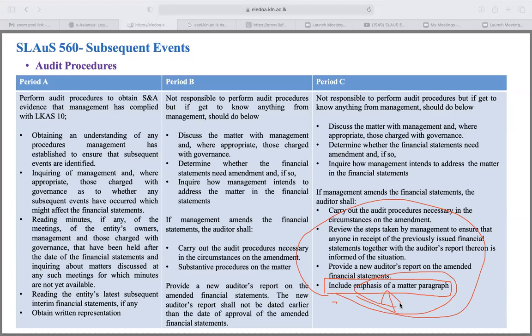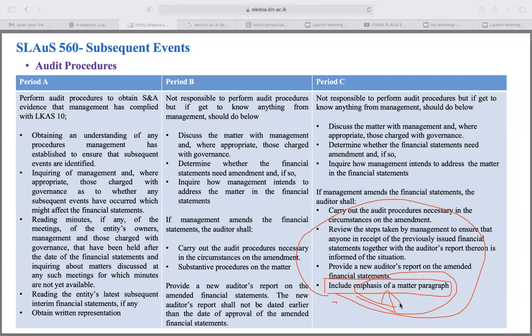Because we need to emphasize that the previous audit report is not valid. Please don't take decisions based on the first audit report we have issued, right? So to give that message, they include the emphasis of matter paragraph in the audit report.